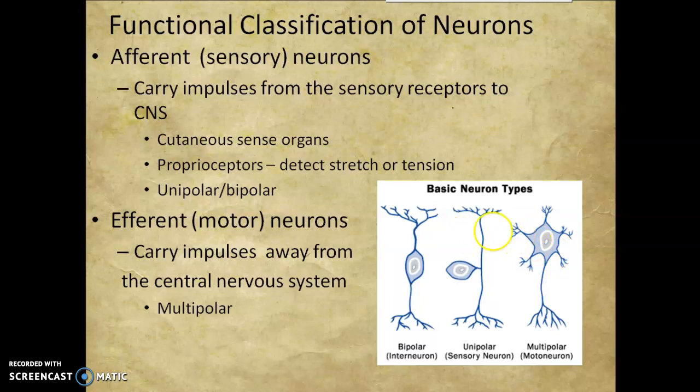A lot of times with your muscles, because your muscles are more complicated than just your cutaneous sense organs, we'll see that these come into play a little more often than in the afferent.